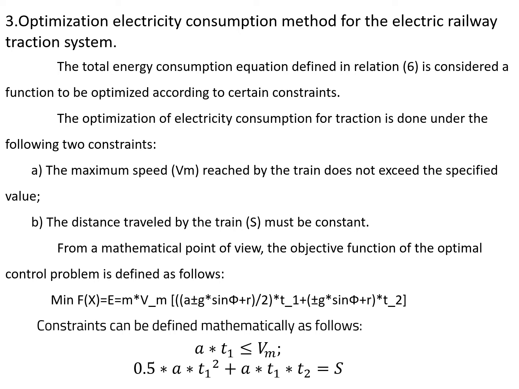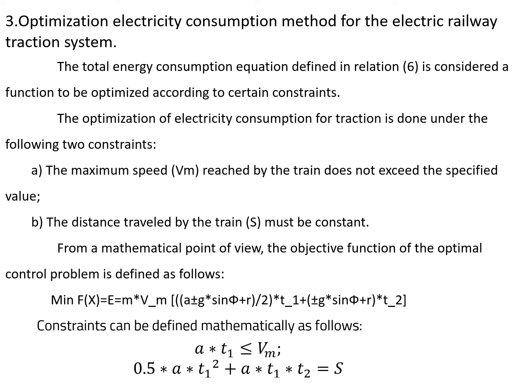From a mathematical point of view, the objective function of the optimal control problem is defined as follows. Minimum of F(x) equals E equals m times V multiplied by (a plus or minus g times sine of phi plus r) divided by 2 times T1, plus or minus g times sine of phi plus r times T2.